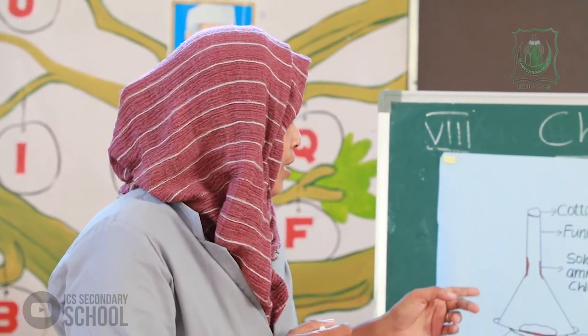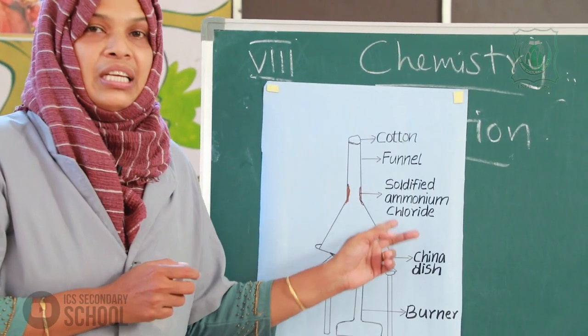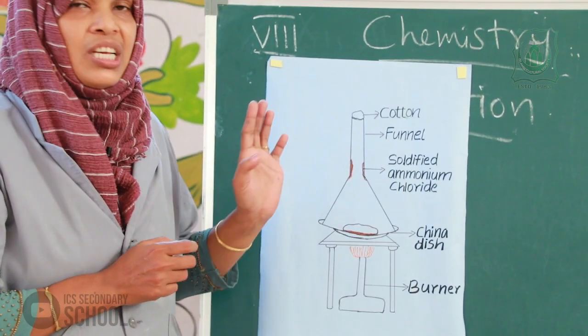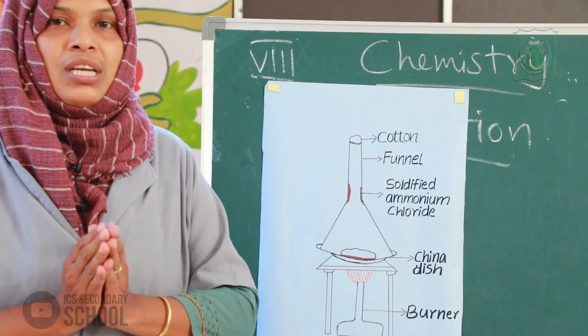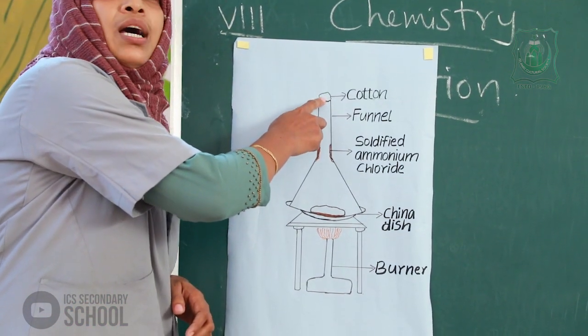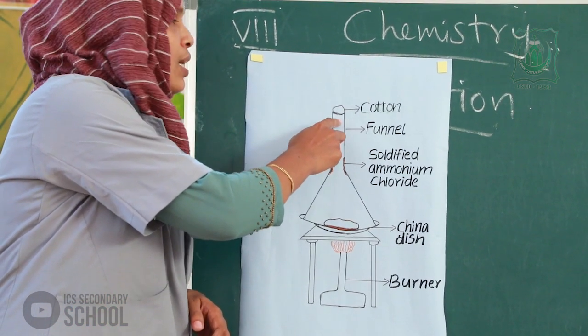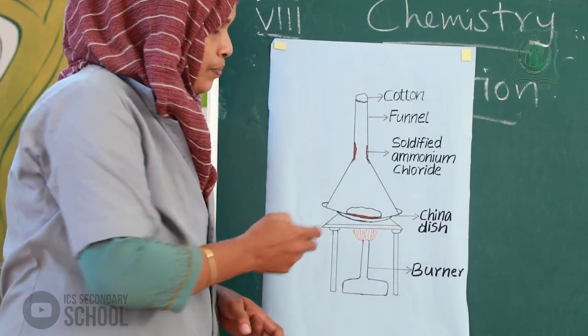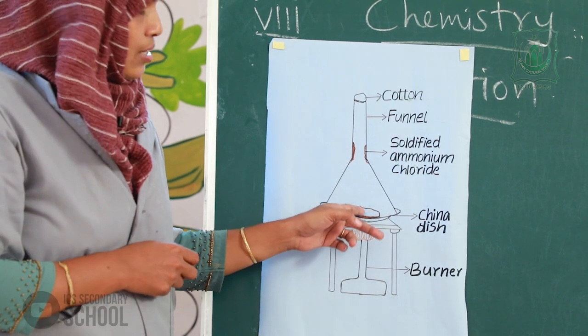Then put a funnel above the china dish in inverted position and place a cotton at the stem of the funnel. Then heat it.